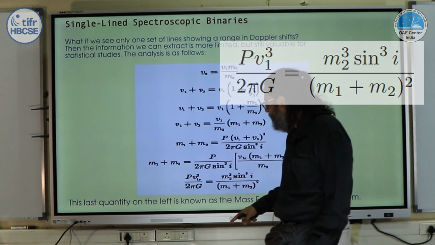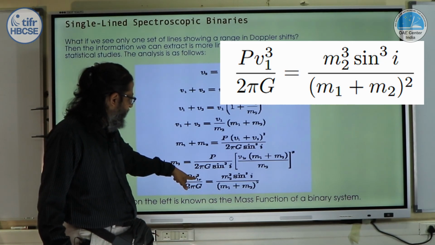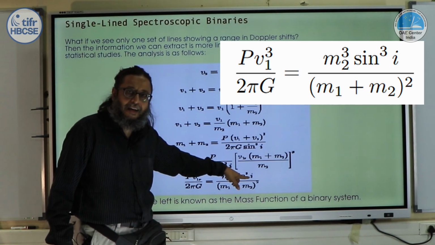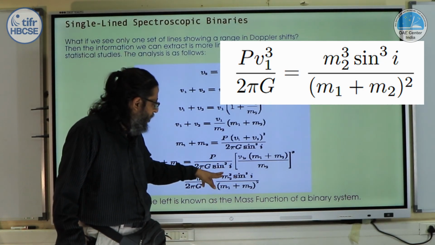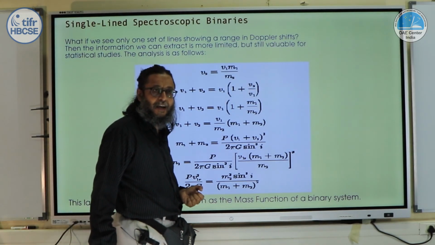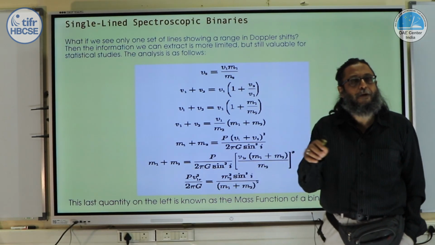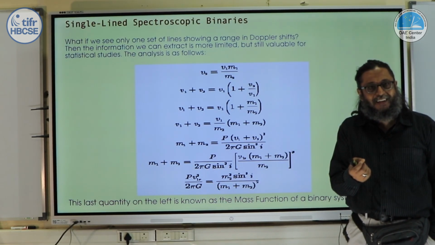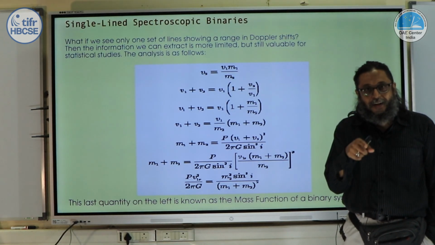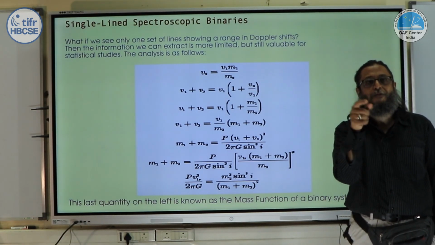So by measuring the velocity component of one star, and by estimating the value of i, the angle of inclination, we can get an estimate of the mass function of the system. And if we can identify one mass from its velocity and periodicity and other parameters, and also from the spectral classification, then we will get a handle on the estimation of the range of the other mass.